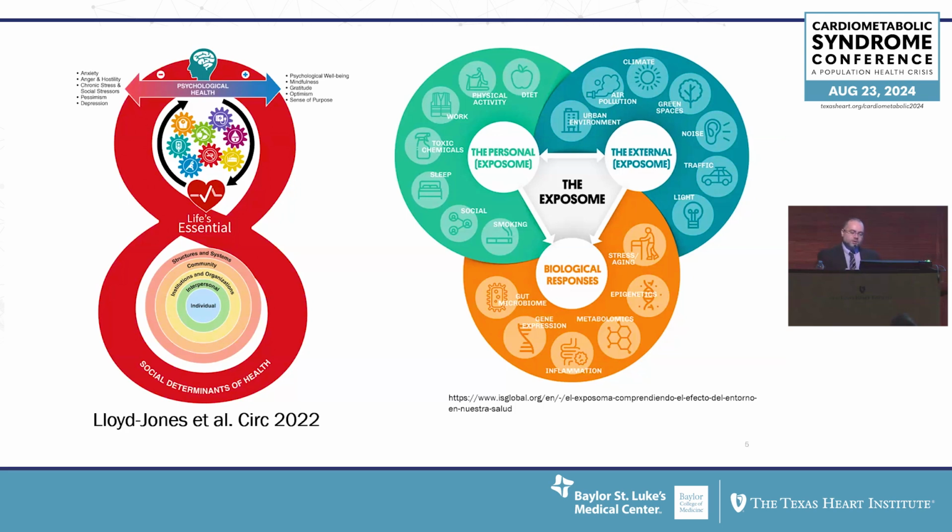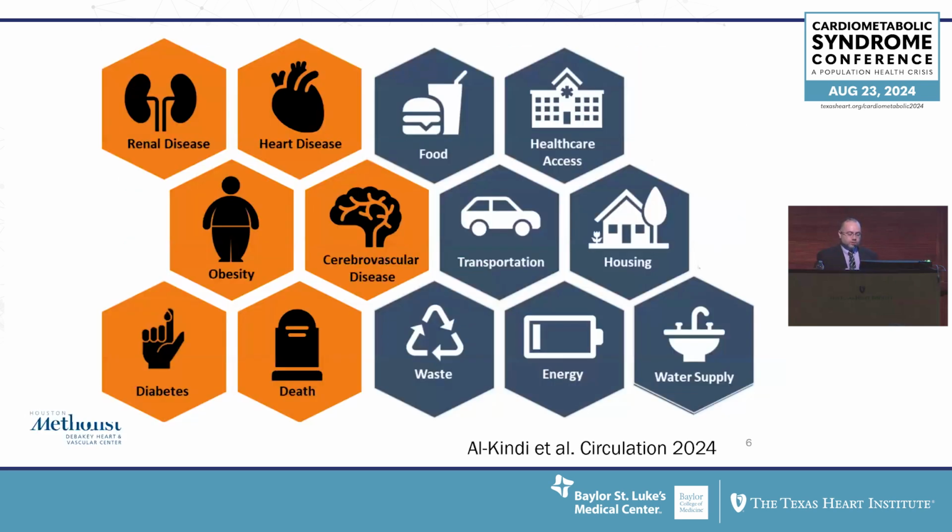But these 2 components of the exposome, the external and the personal, do interact with biologic responses. And we heard earlier about the genetic components and the genetic determinants of health, and really racial, ethnic, other things that may be related to how we respond to some of these exposures and how we study them as well. So the microbiome, the metabolomics, and inflammation, gene expression, and so on and so forth.